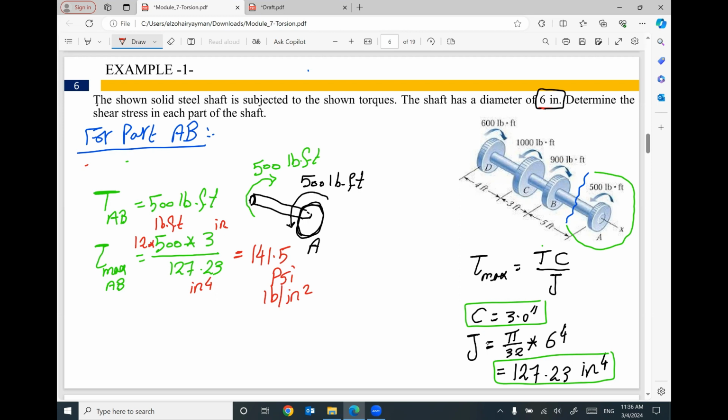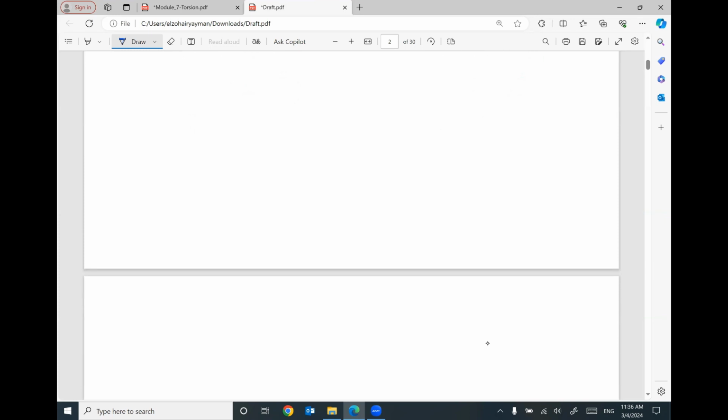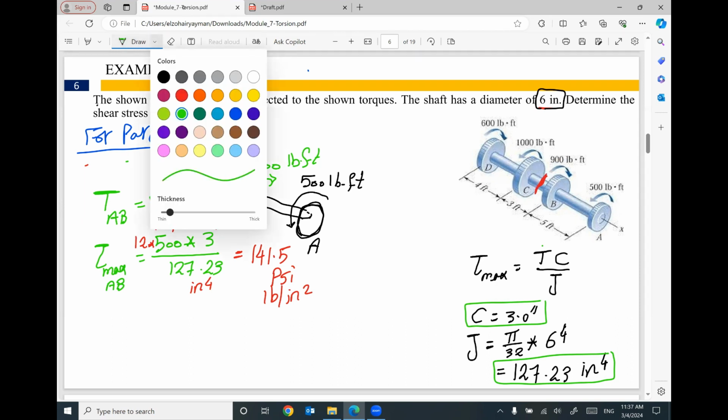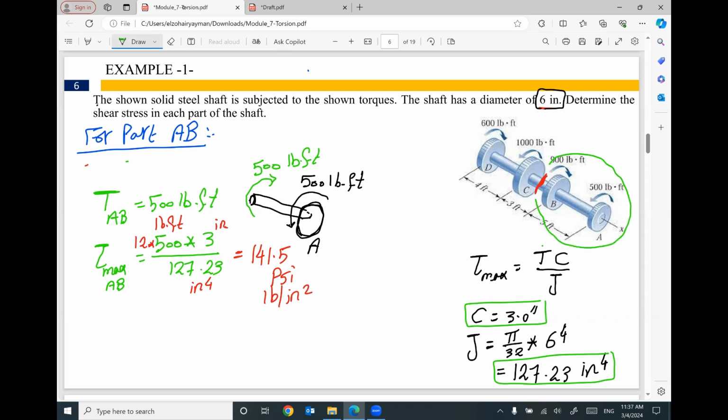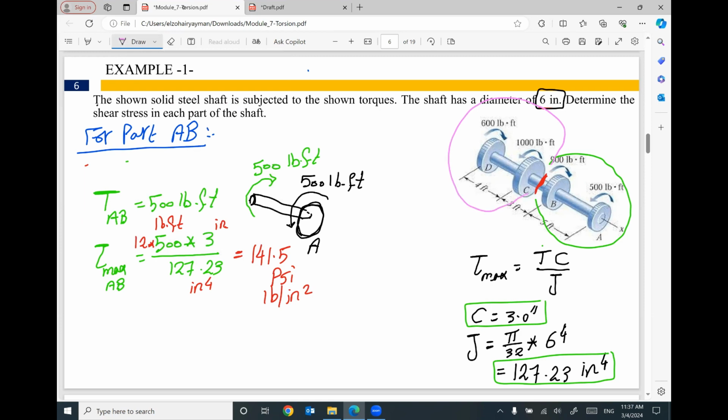That makes sense? Let's do the second part, BC. For part BC, I am going to make a cut in part BC. I will cut here. We have two options. You can use this part for calculation, or you may use this part. It's up to you.